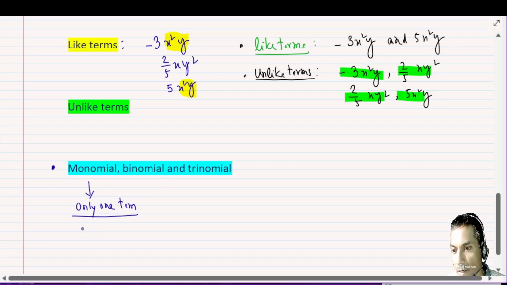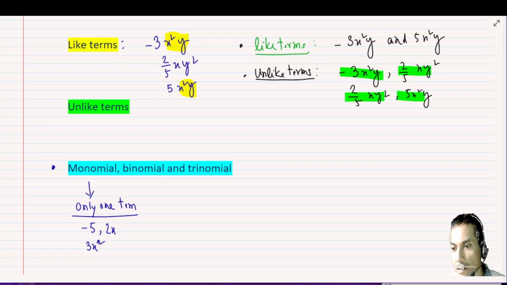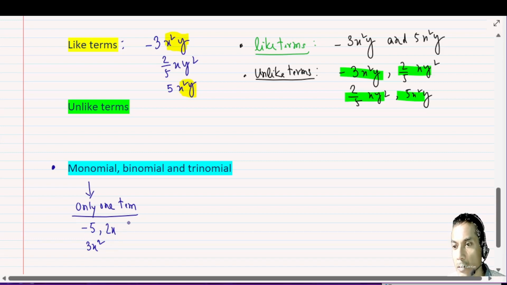For example, -5, 2x, 3x, 3x square. All these expressions are monomials.